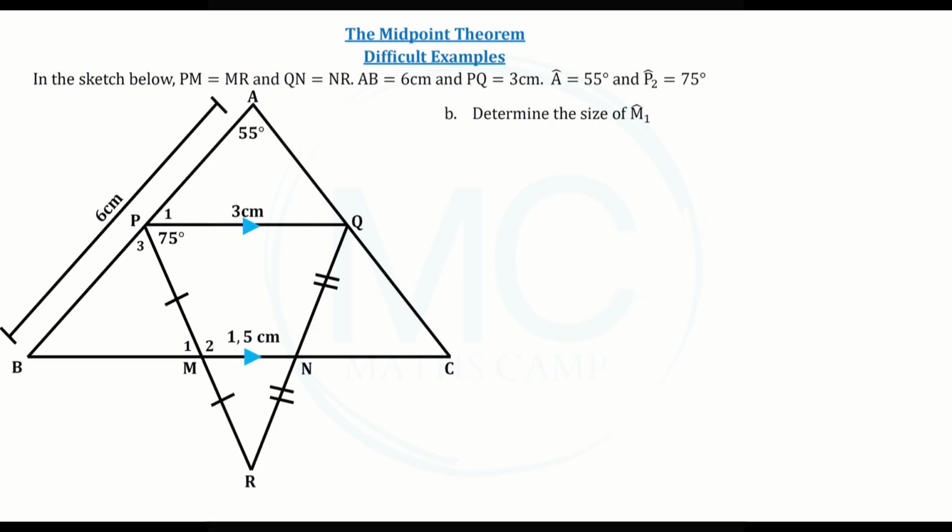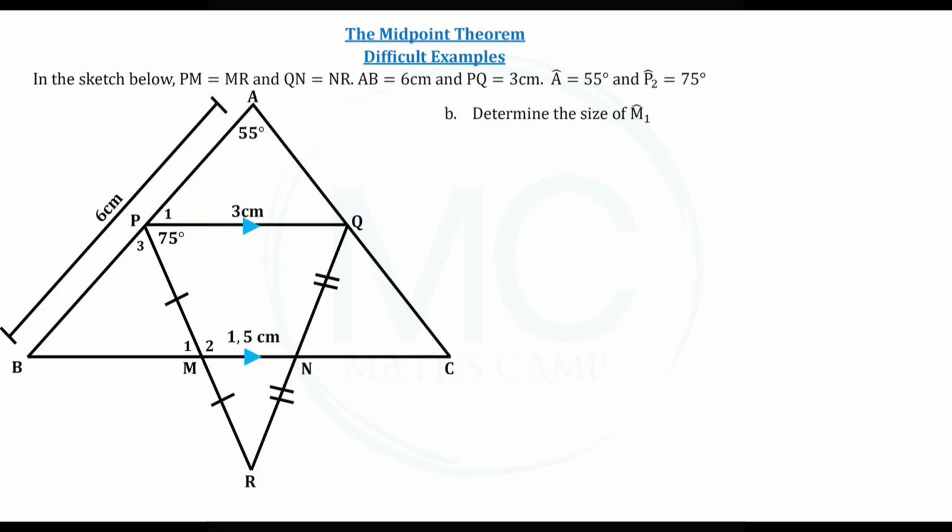Determine the size of angle M1. We have just found that MN is parallel to PQ, and parallel lines can help us find angle relationships. We know that PQ is parallel to MN, but MN sits on the straight line BMNC, which means that PQ is parallel to BC.